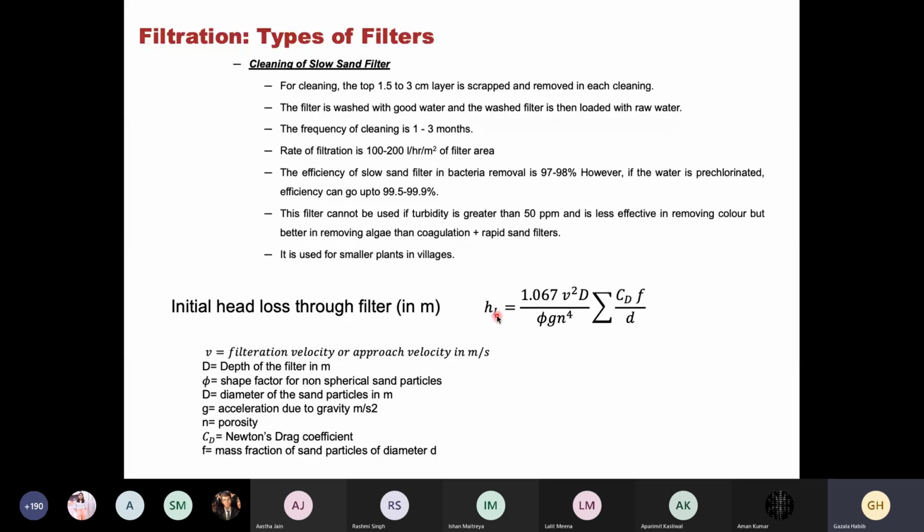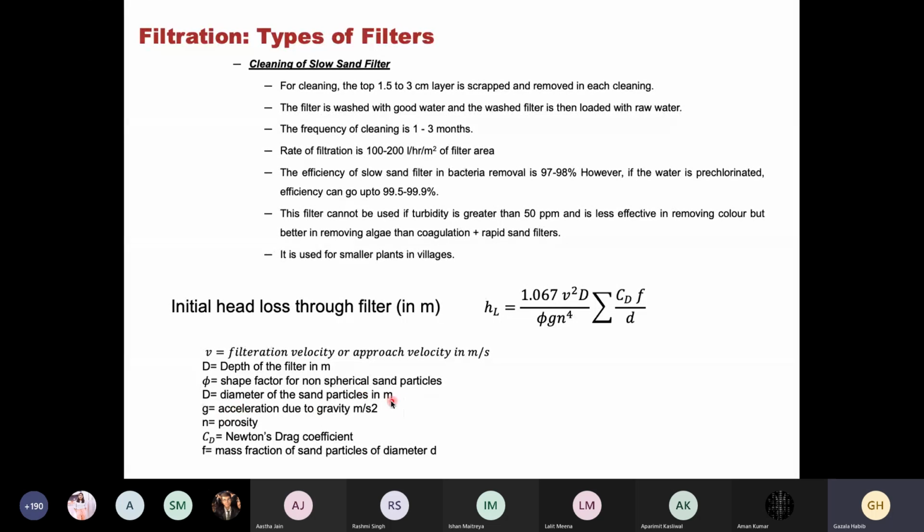Initially the head loss can be calculated using this formula, where small v is the filtration velocity or approach velocity through the filter media in meter per second. Capital D is the depth of the filter in meter. Phi is the shape factor for non-spherical sand particles. d is the diameter of the sand particle in meter.